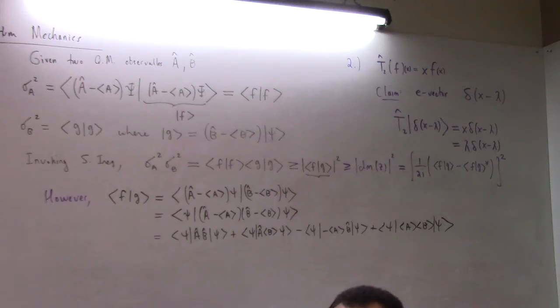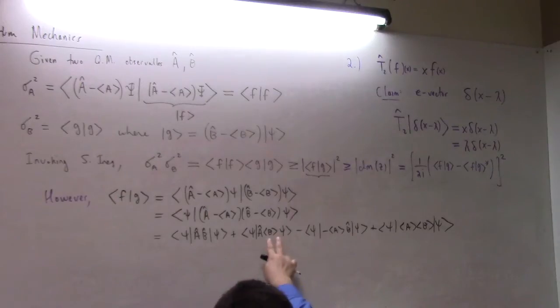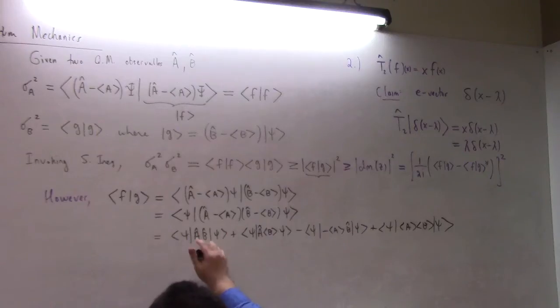Some of these things are just numbers, all right? This is just a number. This is the expectation value of the operator B. So that's just a complex number, whatever it is, and we can treat it as such. There may be some cancellations in here, yeah. But not everything.